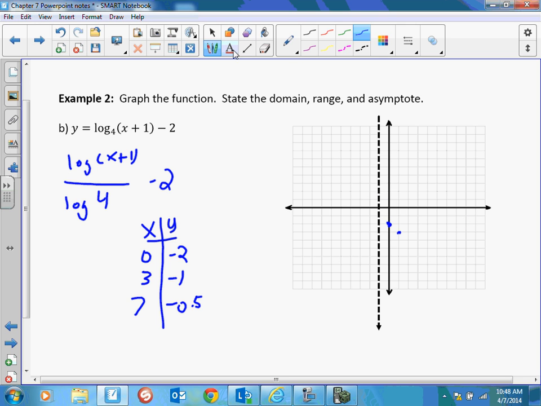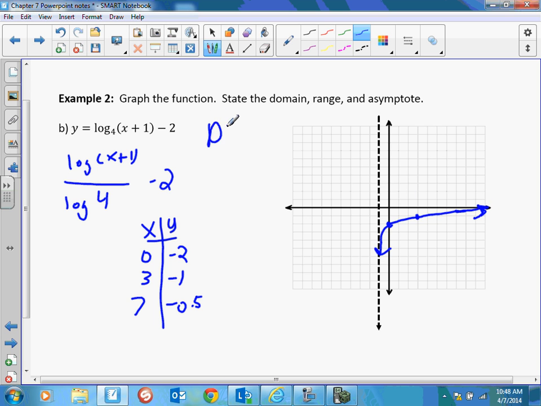Oops, I'm going backwards. Hold on a second. So 0, -2, 3, -1, and 7, -0.5. So you can see from there how it's going to curve down and approach the asymptote, but not quite hit it. And then this one is just going to go up on that path, okay? And that's what it's going to look like.